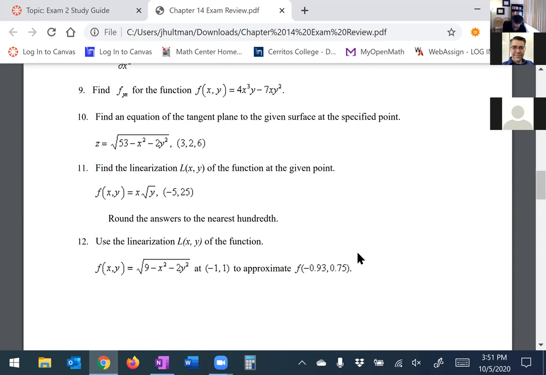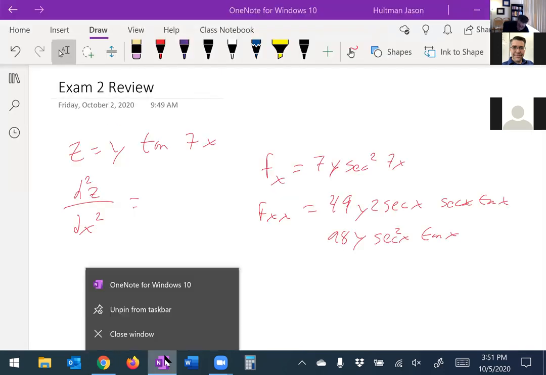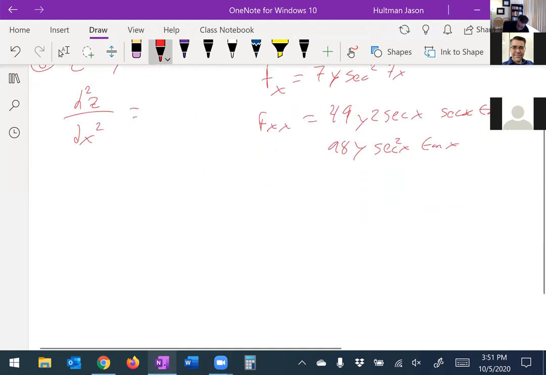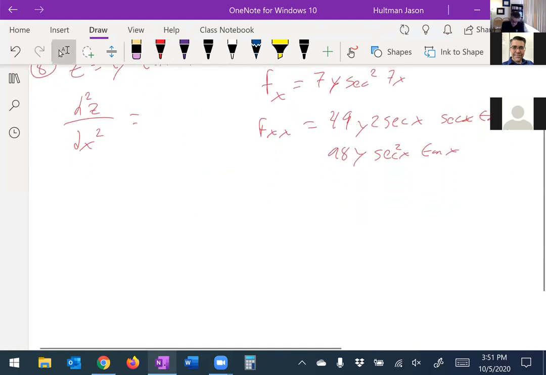So -0.93 and 0.75. Okay. So let's just do the linearization here. So this was number 8, by the way. Okay. So let's go to number 12.